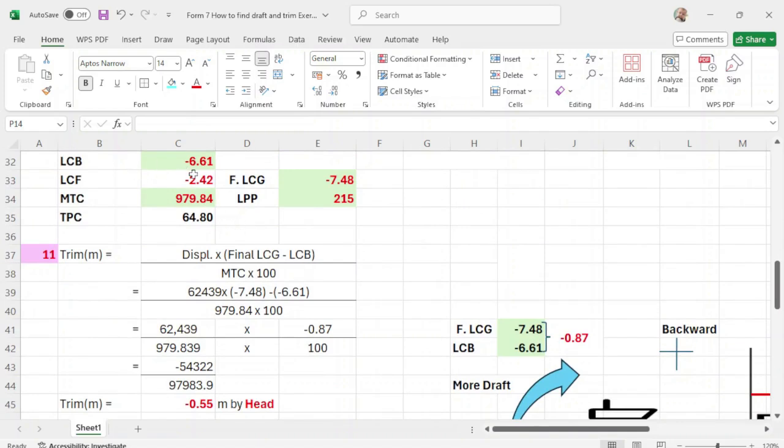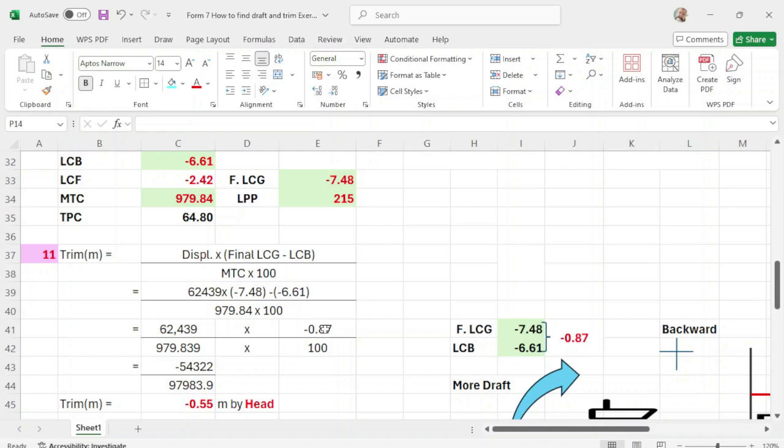My LCB is negative 661 over MTC. MTC is 97984 times 100. So you do the equation of this one first. Final LCG minus LCB, that will be negative 0.87.